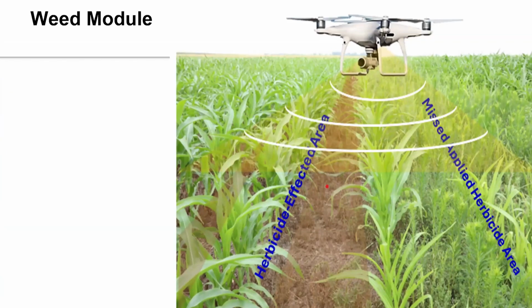The weed module is another application, so we can assess. We have a system now that we are using that does see and spray. Hotspot flights work best when weeds are detectable from above and when the result still allows action.